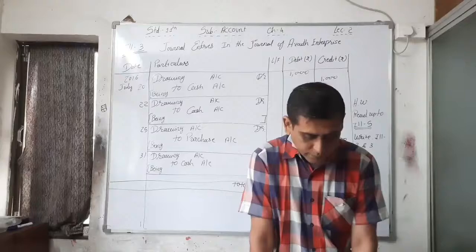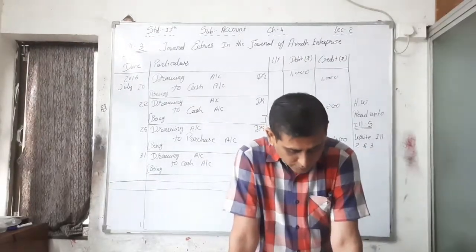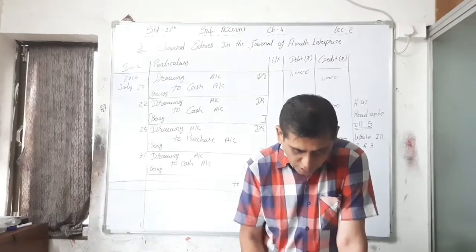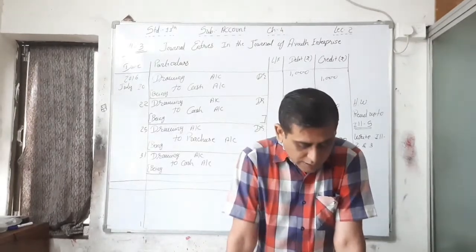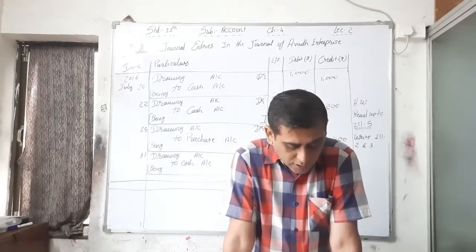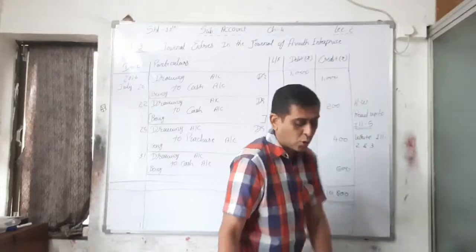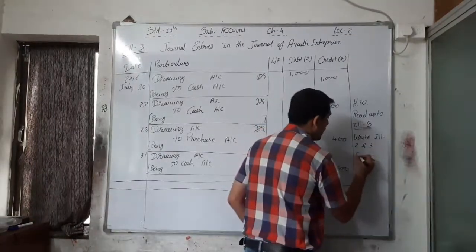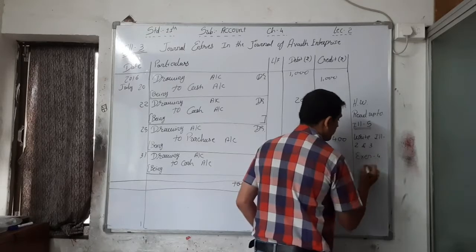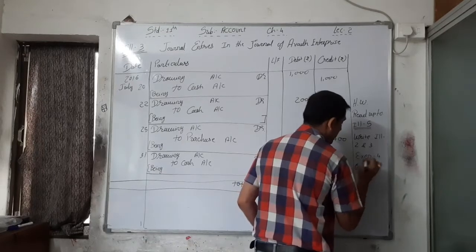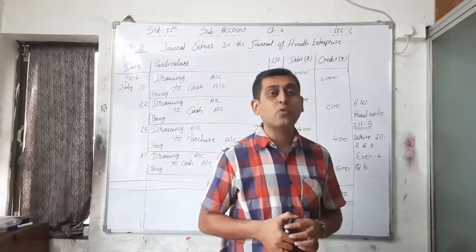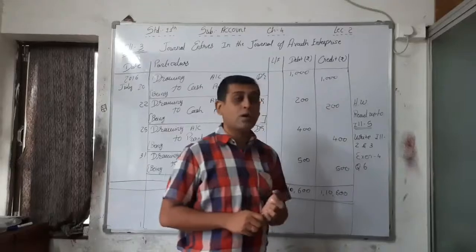And also write in your exercise book, see the page number, in your exercise question number 6, transactions for capital and drawings. The transactions of capital and drawings are given in question number 6. So you have to write in your exercise book exercise 4, question number 6, transactions for capital and drawings. You have to write it in your exercise book compulsorily.